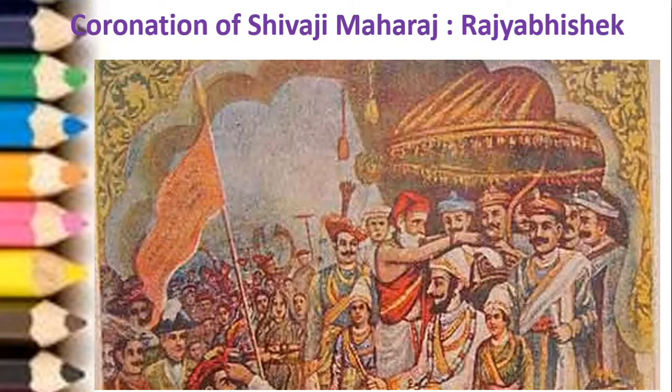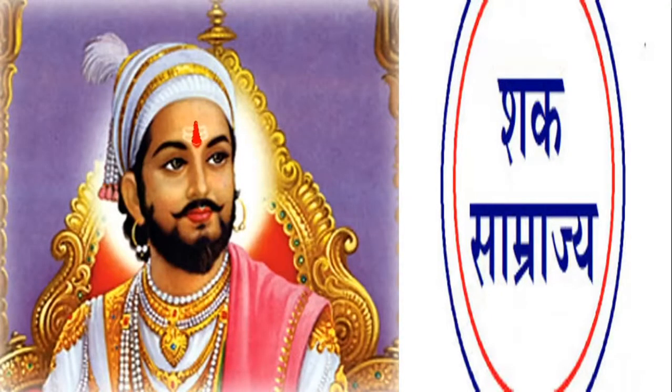Rajyabhishek means coronation. Just like the birth of Jesus Christ was important, in the same way the coronation of Shivaji Maharaj was taken as a very important event, and from here a new calendar was begun, the Rajyabhishek Shaka.